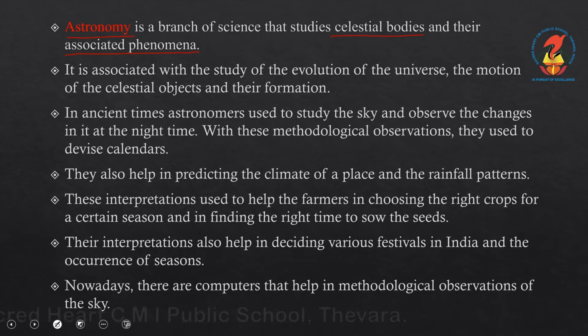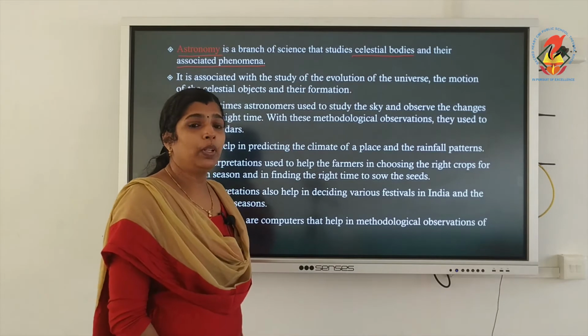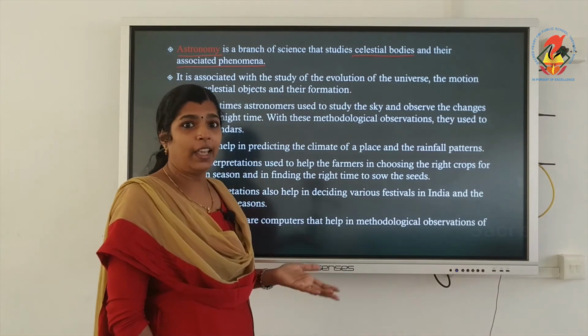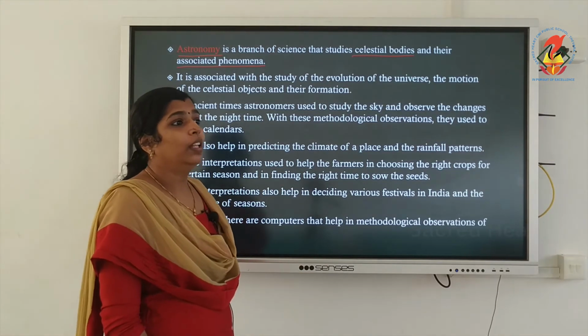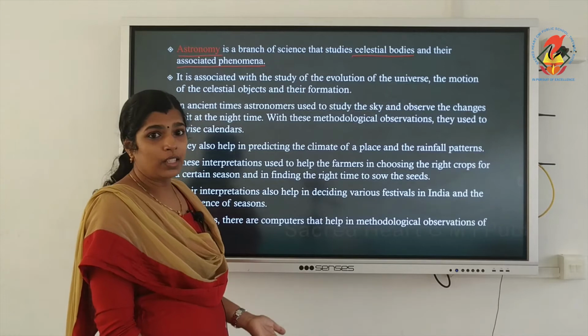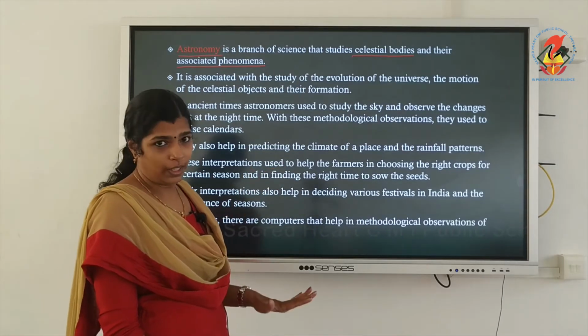Nowadays, there are computers that help in methodical observations of the sky. So, in ancient times, people used to study the sky at night, and they used their interpretations for many things.